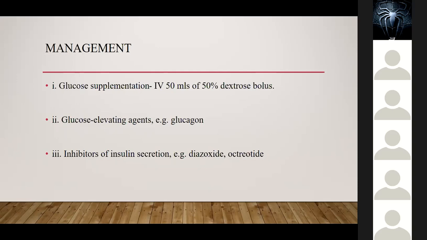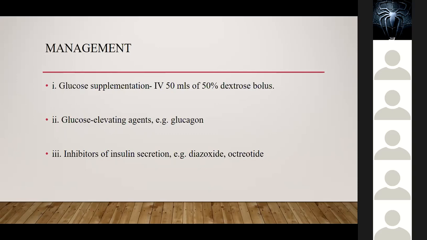It's also a peptide, just like the C-peptide. Once you are producing your insulin, the pancreatic cells also produce amylin.